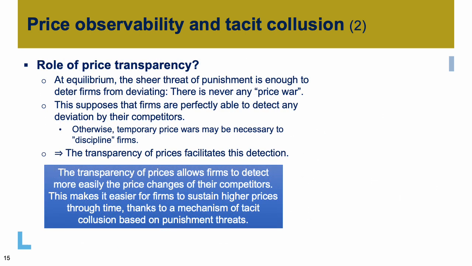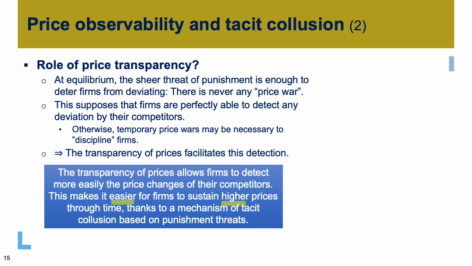Okay, so this is what is summarized here. The transparency of prices allows firms to detect more easily the price changes of their competitors. This makes it easier for firms to sustain higher prices through time, thanks to a mechanism of tacit collusion based on punishment threats.